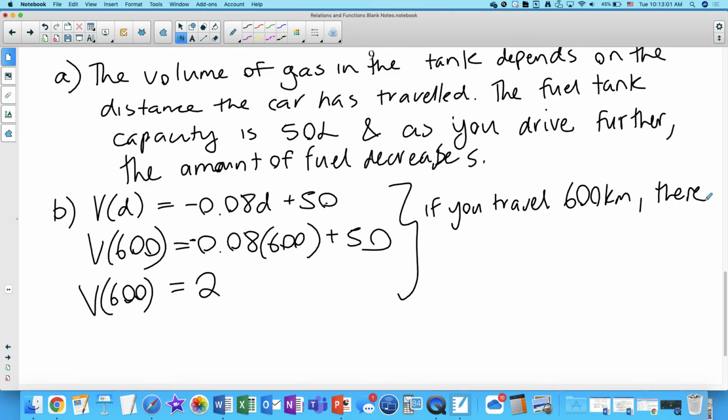So that is a description of what's going on between those two variables.